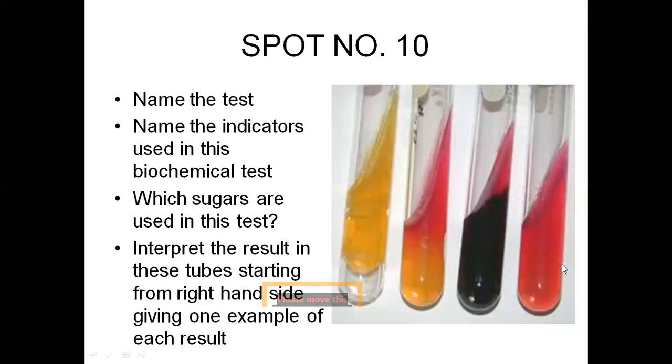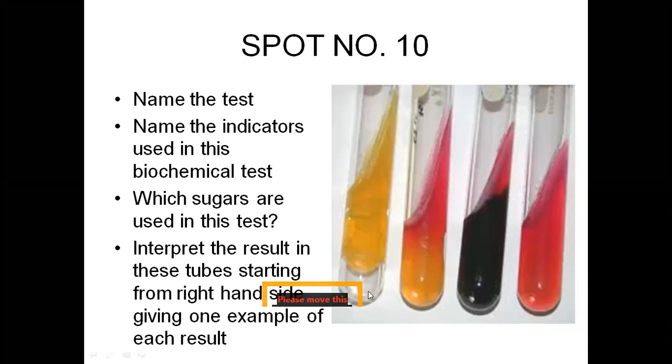So if it is pink slant, pink butt, it is Pseudomonas. If it is yellow butt, pink slant, it is Shigella or Salmonella. If there is blackening on the slant, it is Salmonella. If there is massive blackening with a small portion of pink slant, it is Proteus.